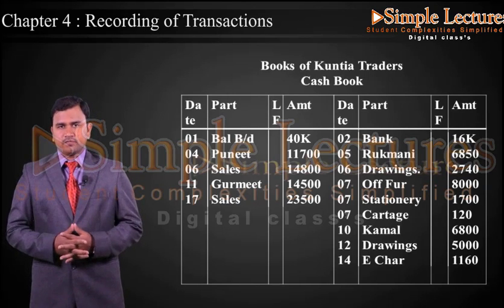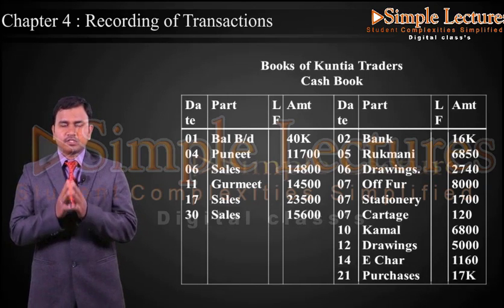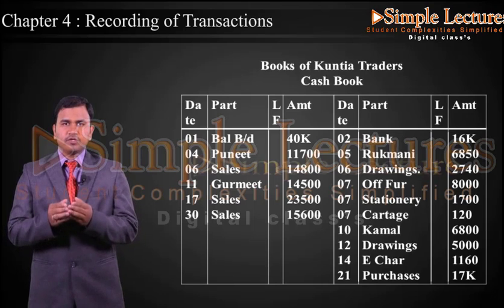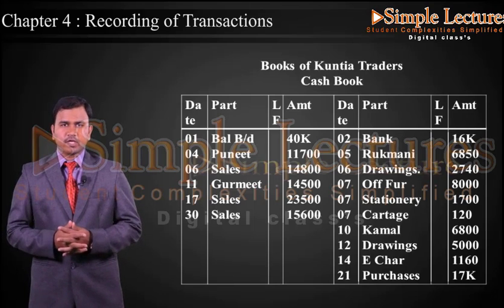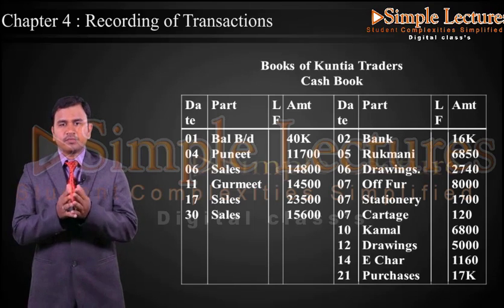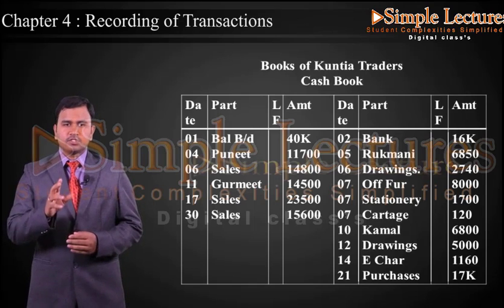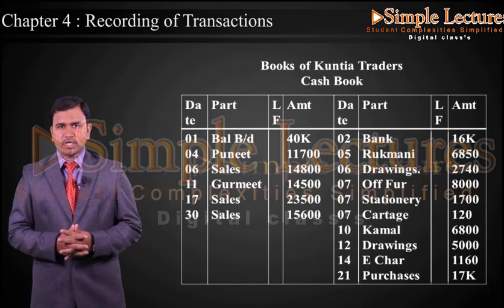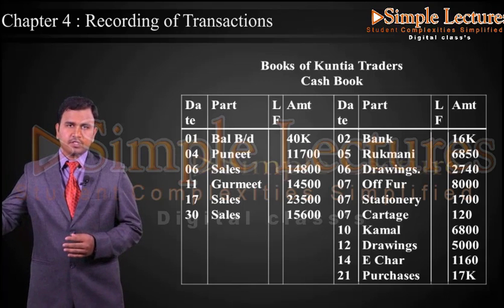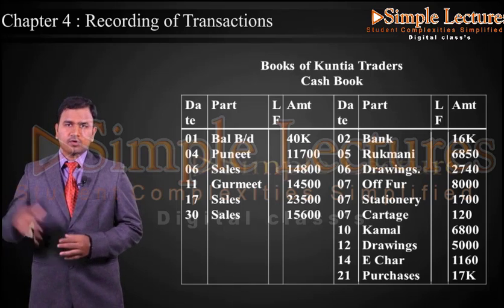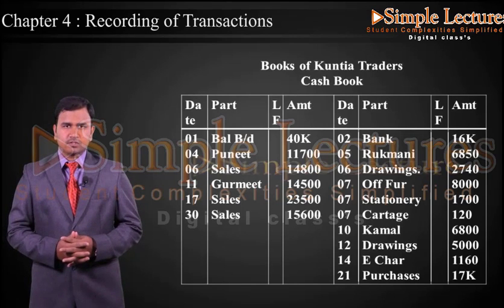Next transaction we have on September 21st and the entry here is bought goods from Kamal on cash basis. So we are going to purchase the goods from Kamal on a cash basis, which is nothing but a purchase, for 17,000. So this entry will be recorded on the credit side and the date will be September 21st and the entry will be by purchases account in the amount column 17,000.